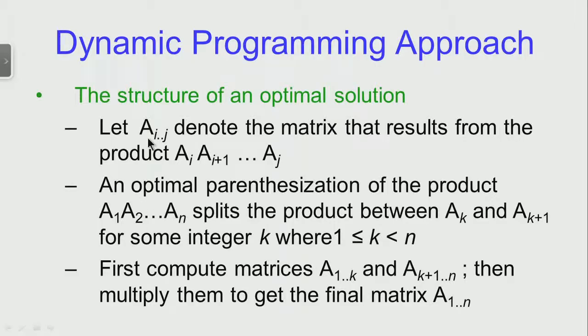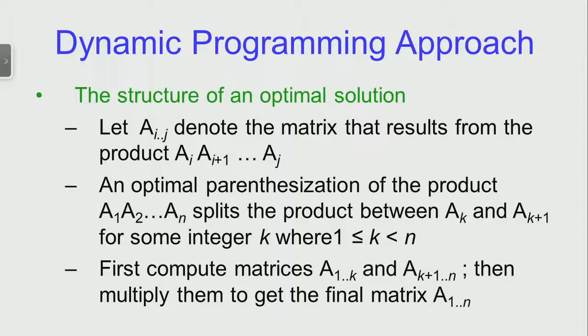For this, we need some simple notation. We use the notation A subscripted by i up to j to denote the matrix which is the result of the product Ai, Ai plus 1 and so on up to Aj. Let us now observe that in an optimal parenthesization, which we do not know, which is what our algorithm is trying to compute, let k be the index where the product A1, A2 to An is split.